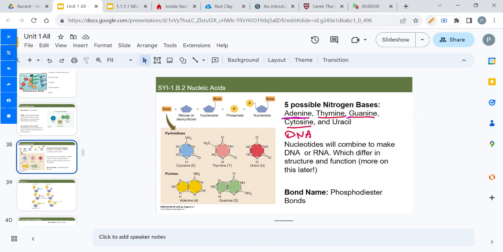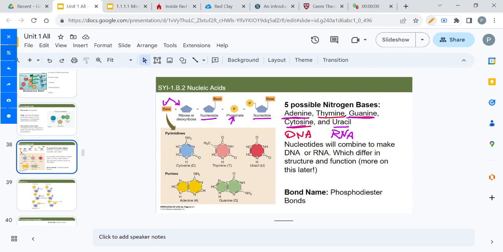Adenine, guanine, cytosine, and uracil, that's going to be for RNA. So in the case here, RNA has the U while DNA has the T. We can see that combining the base and the pentose sugar makes the nucleoside. And then once you add the phosphate to it, that makes it the nucleotide.